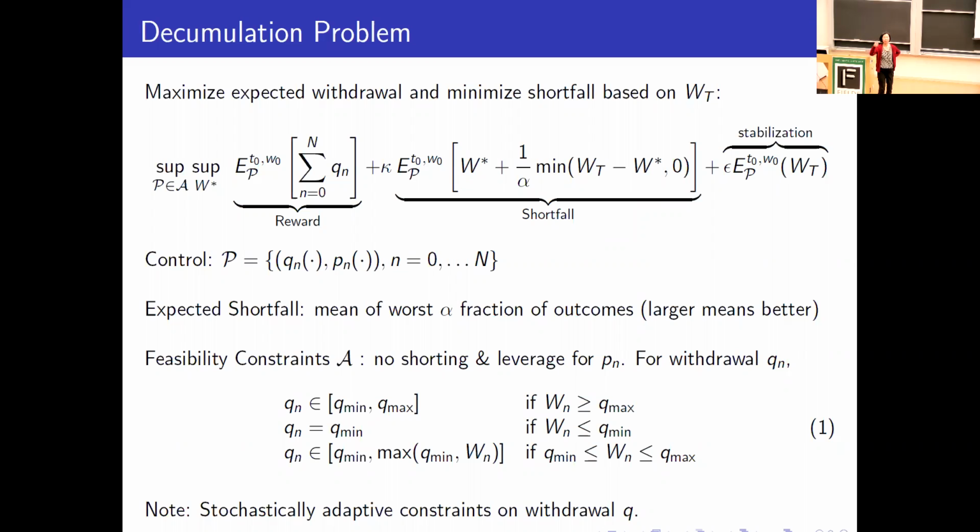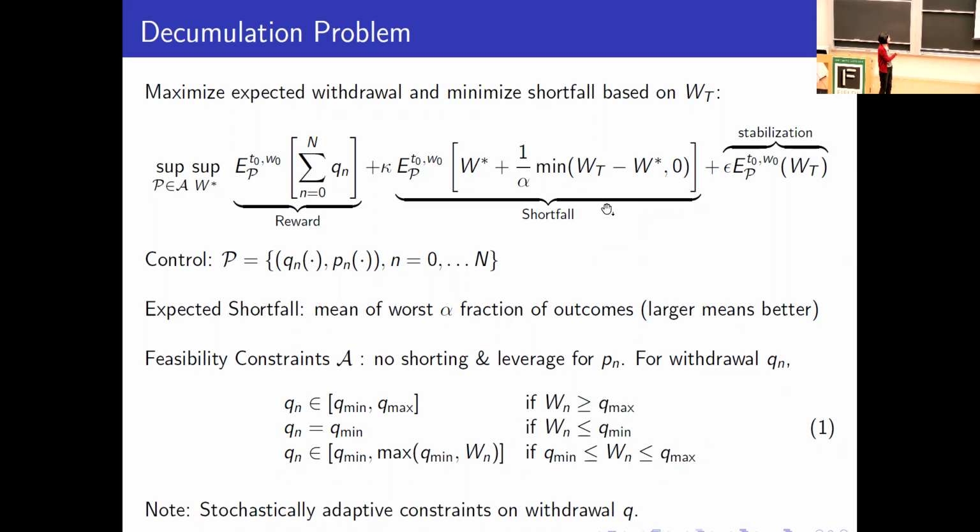It's this negative CVaR, if you like. We basically maximize the tail on the left, which corresponds to minimizing the worst case of scenarios. This is trying not to run out of money, while trying to maximize the expected withdrawal.